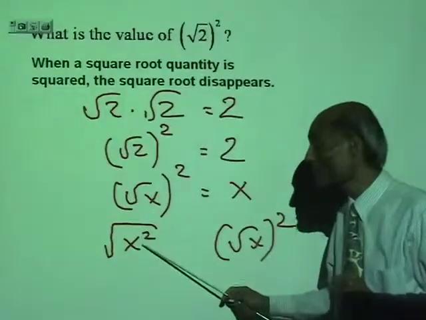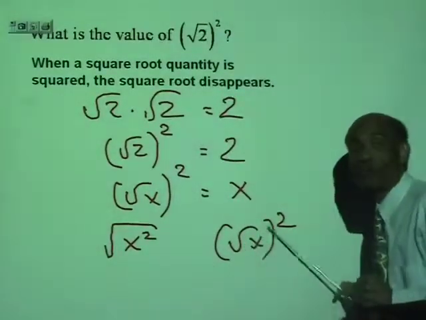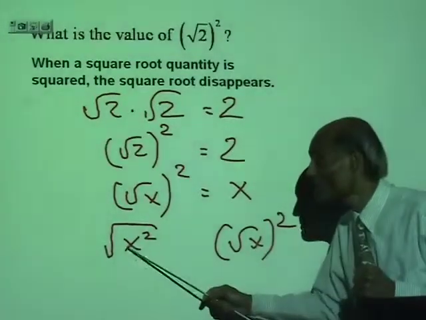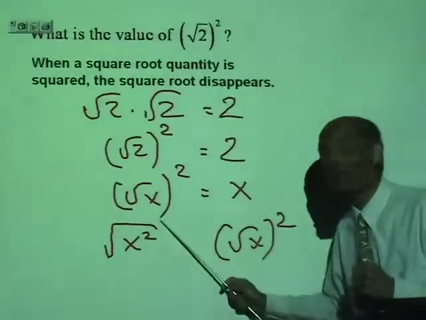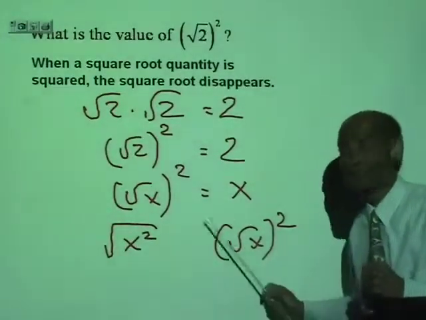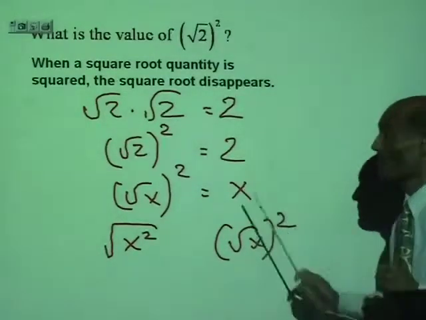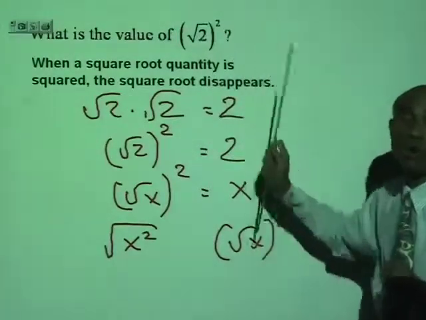Square root of x squared equal to x. Square root x all squared also equal to x. That means these two quantities are exactly the same. Square root of x squared is the same as square root x all squared. Okay, so what is the value of square root 2 all squared?